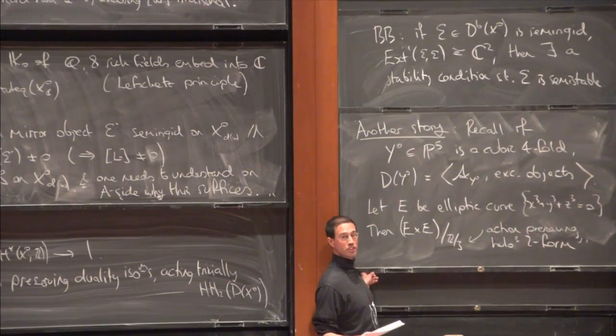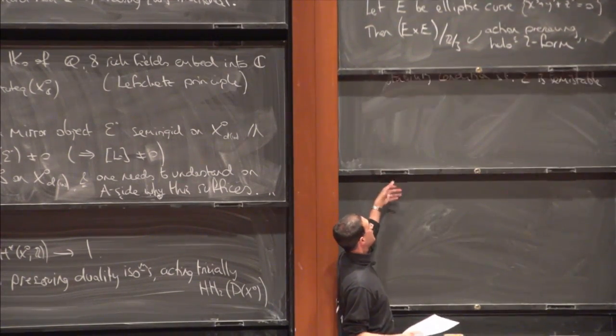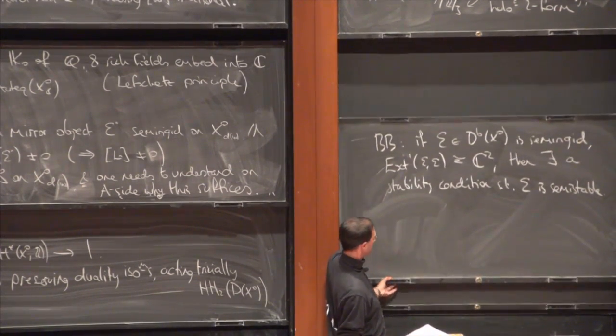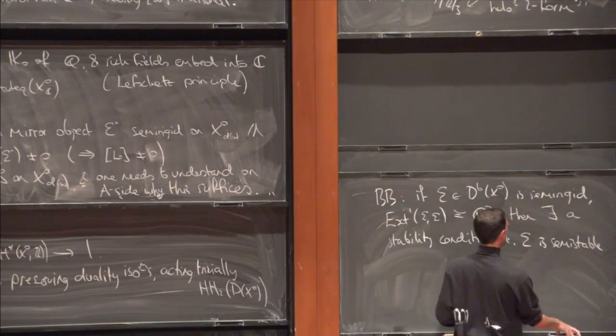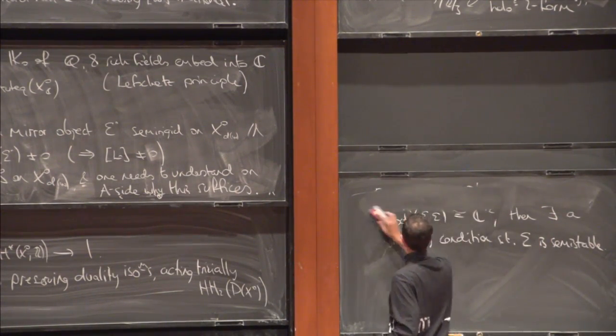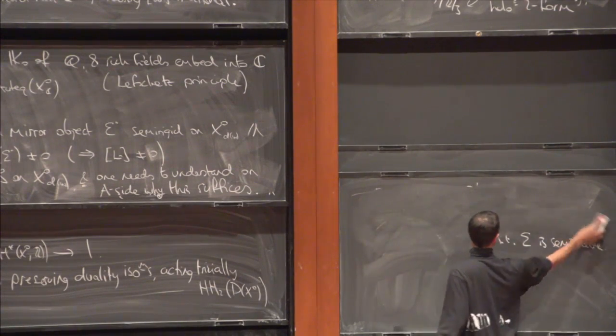Then that quotient is a singular surface, but it inherits a holomorphic 2-form, so it's not hard to see that its resolution is again a K3 surface.